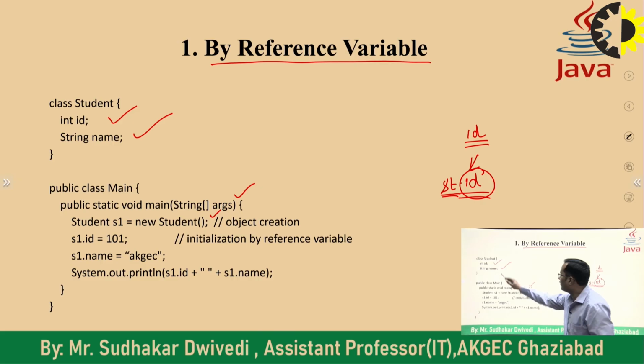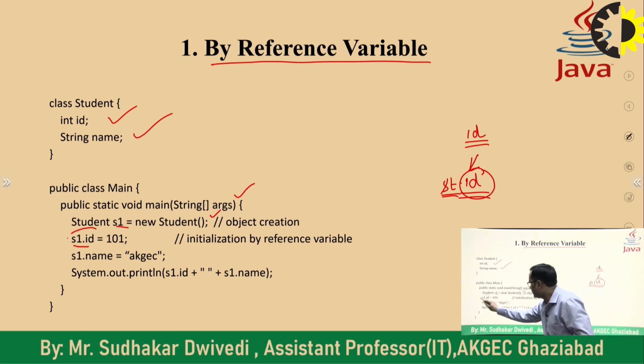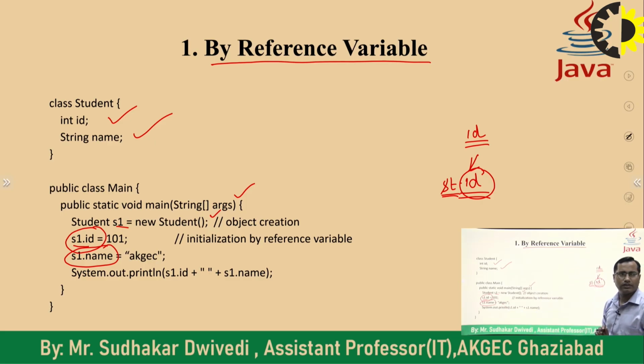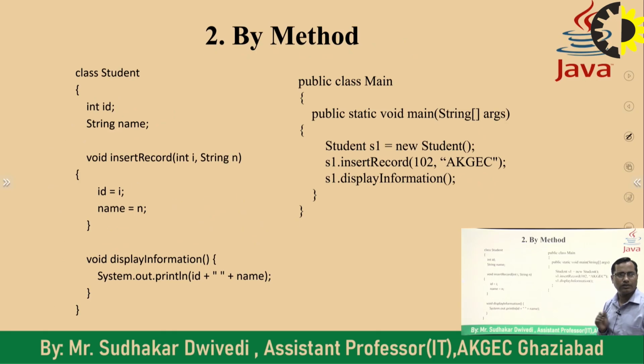We refer to all these variables with the object we have created. Now they work as actual variables, and we can initialize any value that we want here. In this way we can initialize the values of the objects.